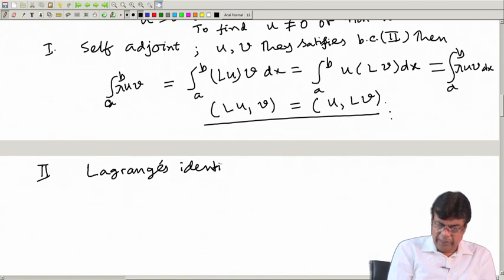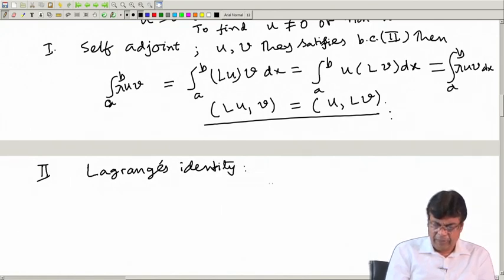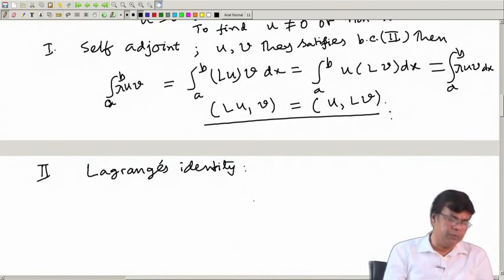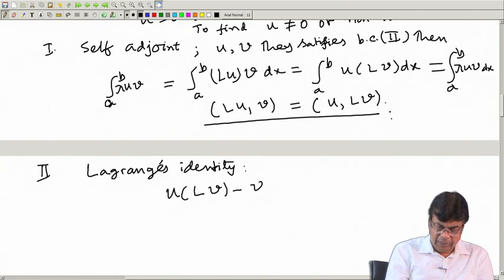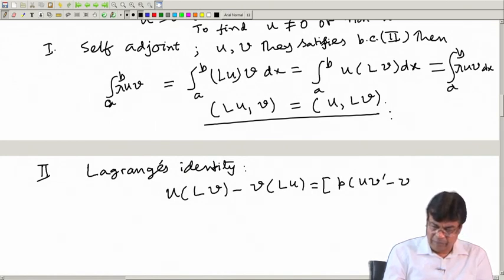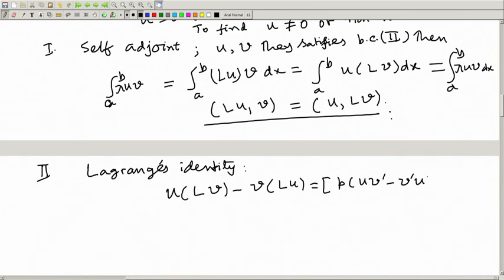Again, the name is not important to remember; only these characteristics are important to keep in mind. So, uLv minus vLu equals the derivative of p(u v' minus u' v).